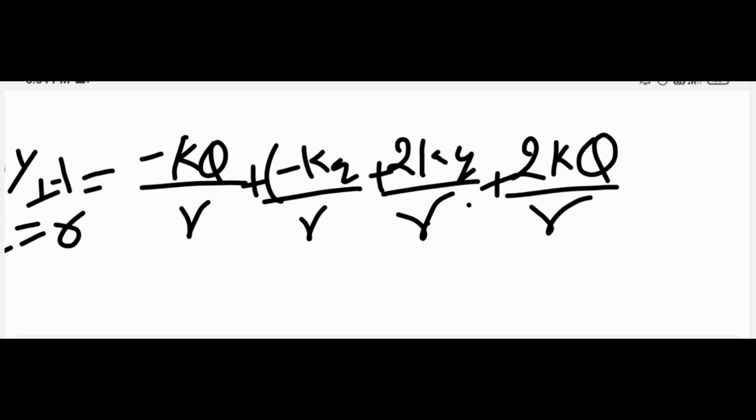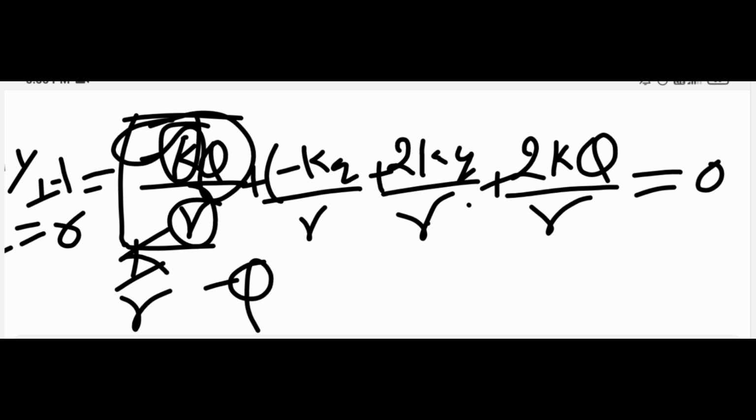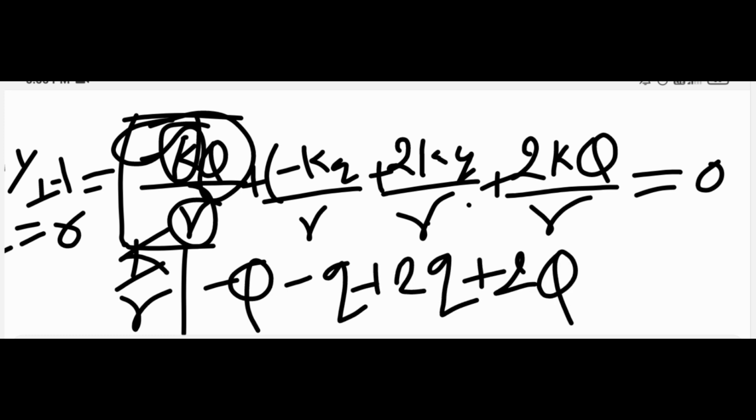If this relation is equal to 0, as they have told, just take out the common factors. 1 by R and K are common, so K by R multiplies the charges only, which is minus Q, minus small q, plus 2q, plus 2 capital Q, and this equals 0, since K by R multiplies the values, giving 0 on the right side.